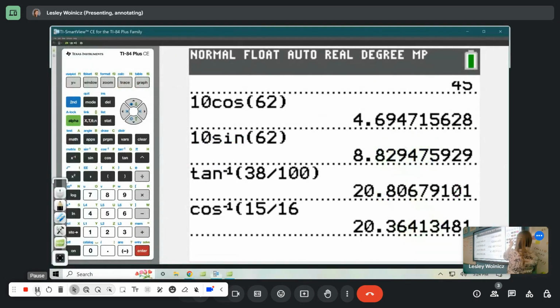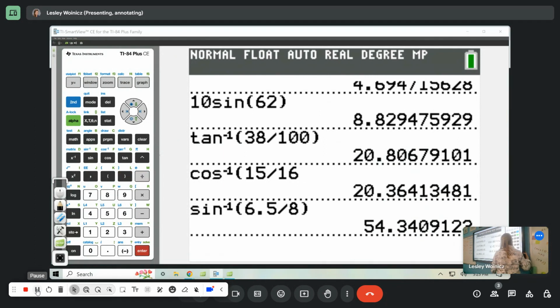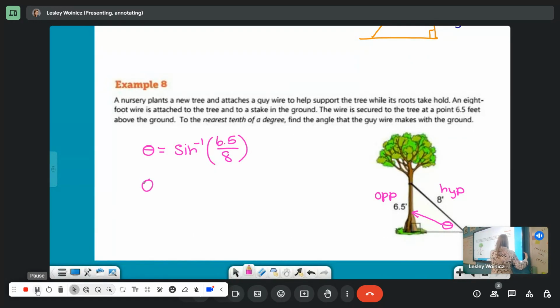I got 54.3. Me too. Okay, so theta is about, what was it again? 54.3. Yep.